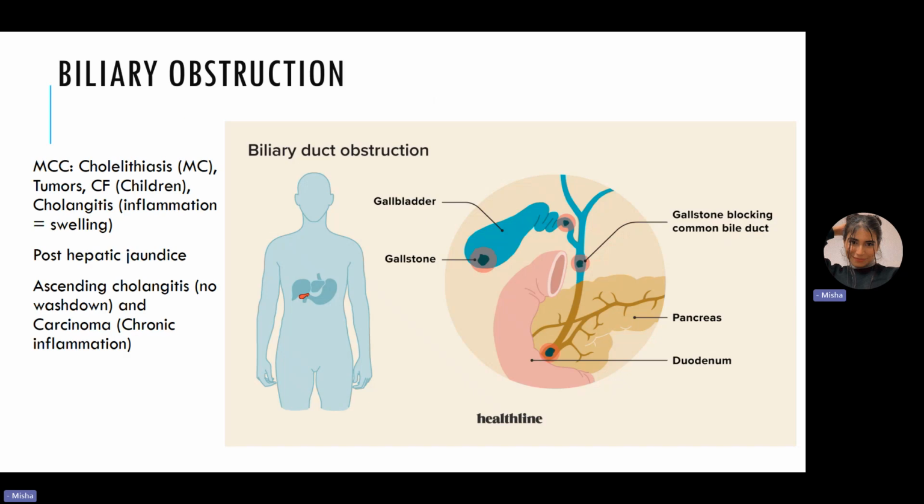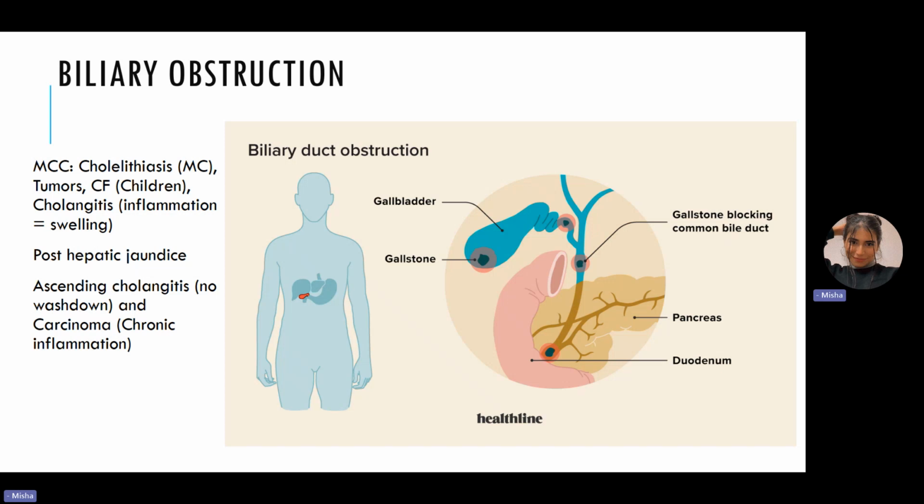When you talk about biliary obstruction, most biliary obstructions are actually extrahepatic, so this would come under the category of the extrahepatic biliary diseases. In this case, the most common cause is cholelithiasis. Then there can be tumors, cystic fibrosis in children, for example, or cholangitis, with inflammation and swelling that eventually leads to obstruction.